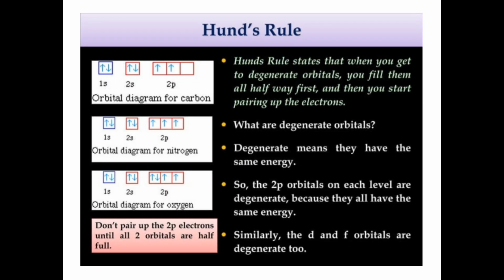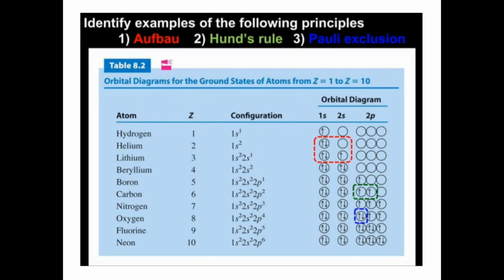So here you will observe that we filled the 1s first. We make sure that the 1s is filled, that is having 2, before we go to the next one, which is 2s, and 2s is higher than 1s. So you fill the 1s first, then the last one, which is 2s1, you then fill it up.